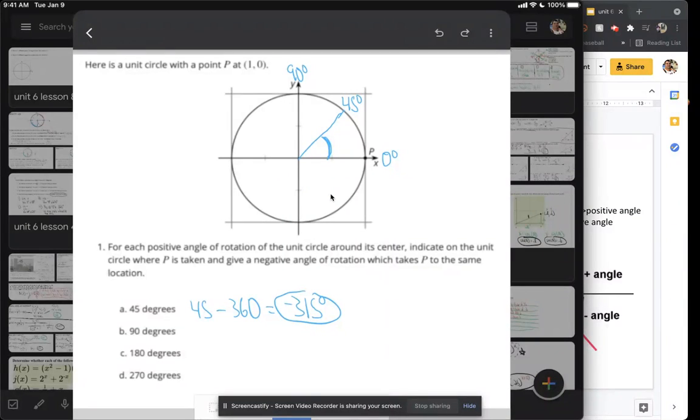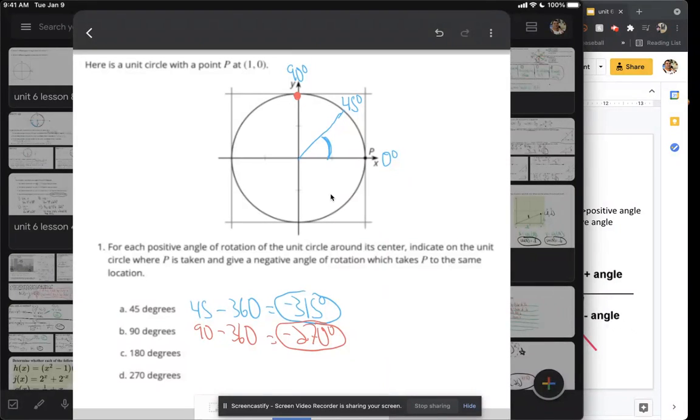Okay, so for 90 degrees, I already labeled it up here. So to find, again, a negative angle of rotation, I'm going to take 90 and I'm going to subtract 360. So 90 minus 360, use a calculator if you need to, would be the same as a negative 270-degree angle rotation. That would mean rotating 270 degrees clockwise.